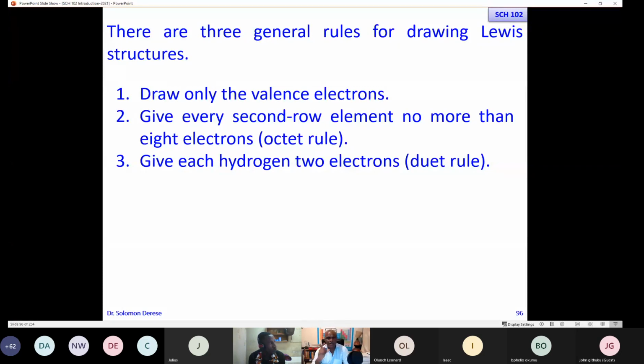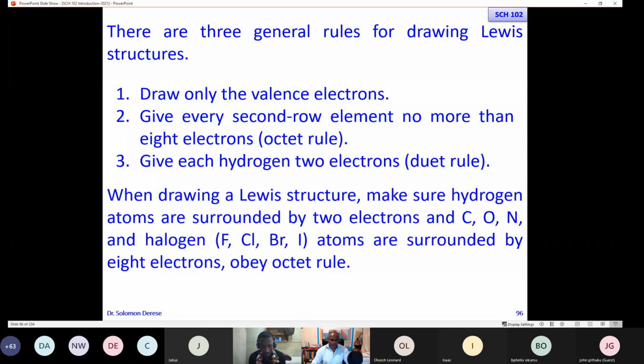Around the hydrogen, we can only have 2 electrons. Around the other elements like carbon, nitrogen, oxygen, chlorine, fluorine, we put an octet of electrons. If you do that religiously, we'll have drawn the Lewis structure of an organic molecule, or a molecule in general.